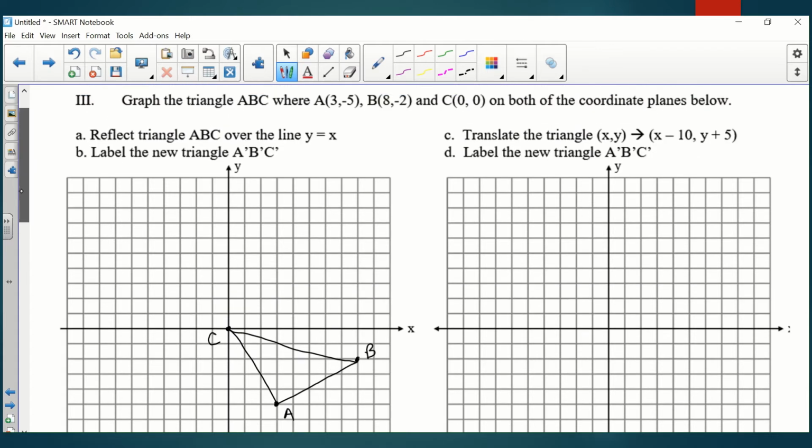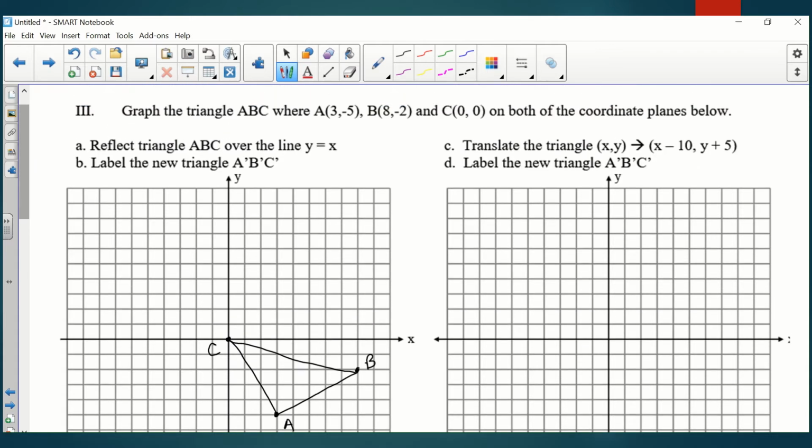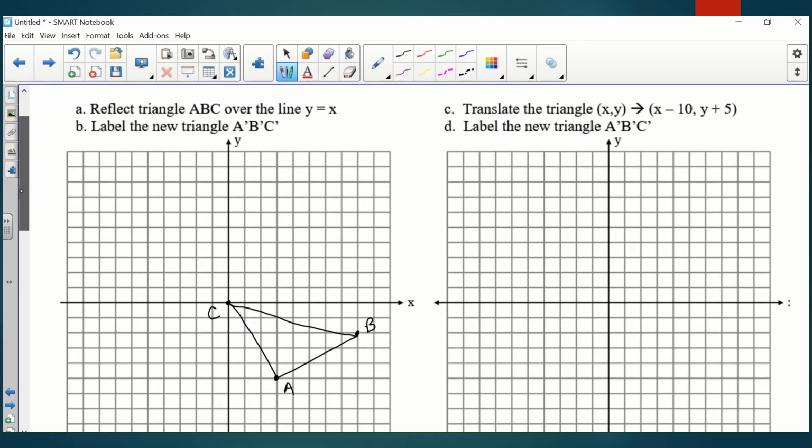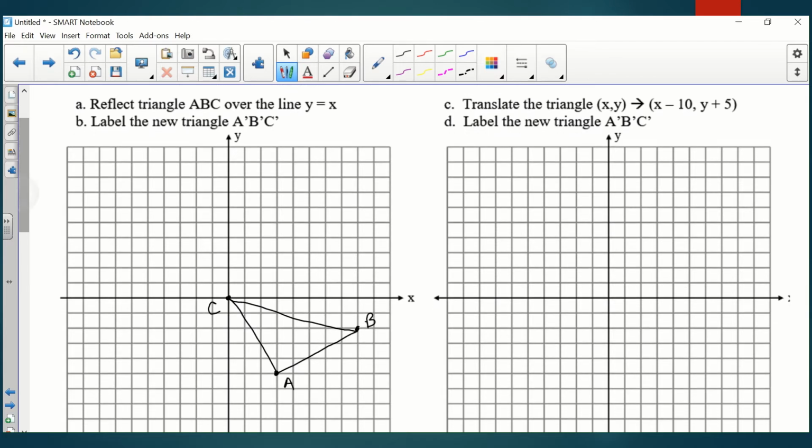All right, so the first thing we're going to do with this triangle is we're going to reflect it over the line y equals x. So remember that line, if you can't remember what it looks like, think about what your slope is, what your y-intercept is, and how you might graph that line.